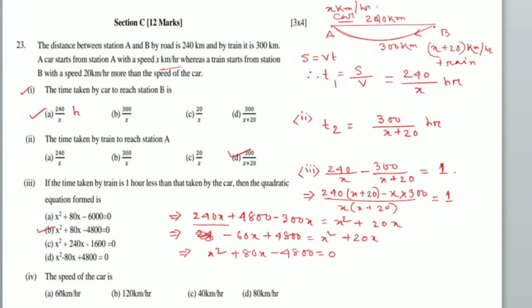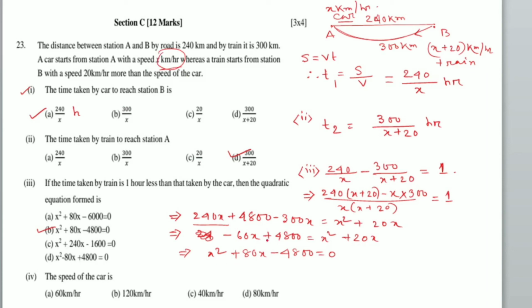Okay, now the fourth one: the speed of the car is what? We have to find out the speed. From here, at first we have to find out the value of x, because it is given that the speed of the car is x kilometer per hour.